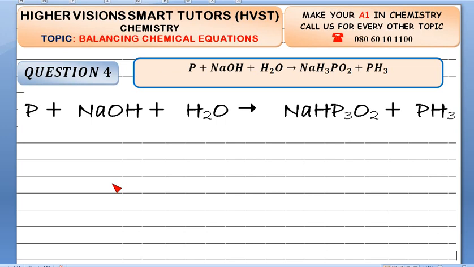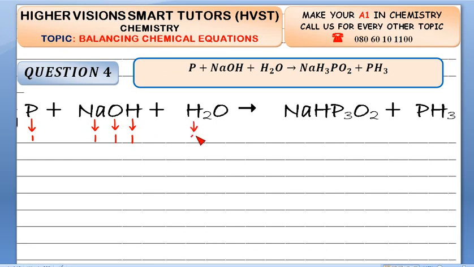let us list out the number of atoms for each element. Now, here we have one Na. Over here we have one oxygen atom, one hydrogen atom, H2.